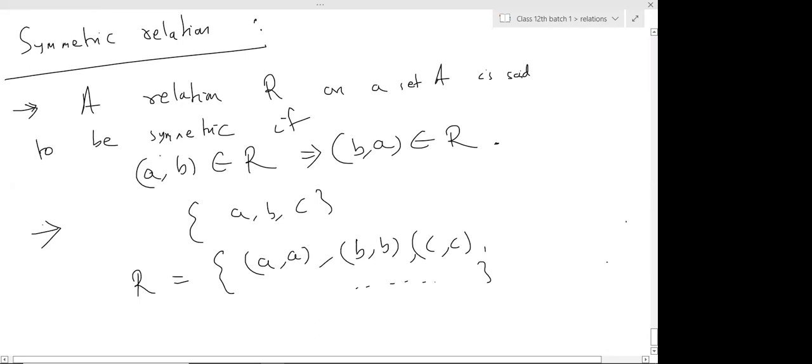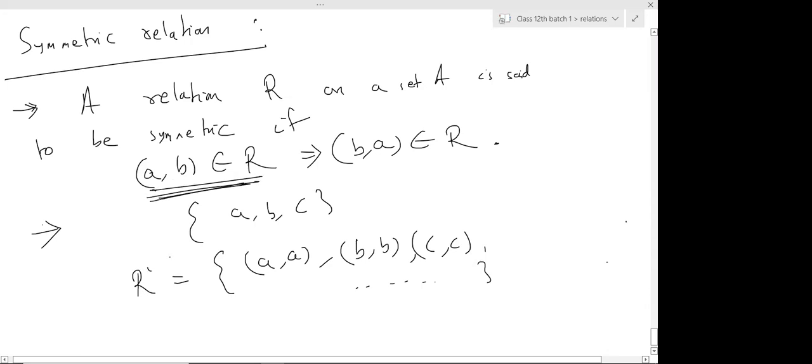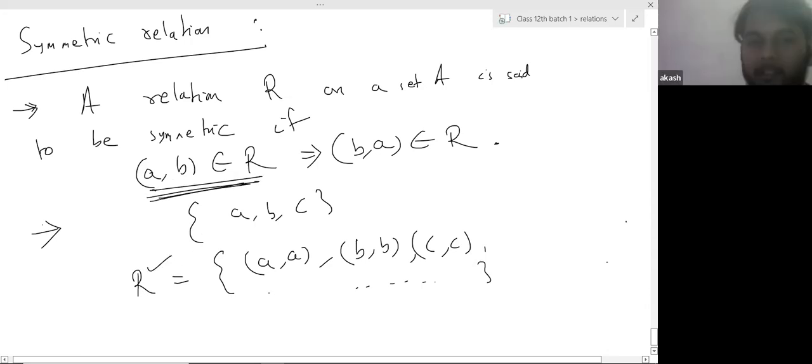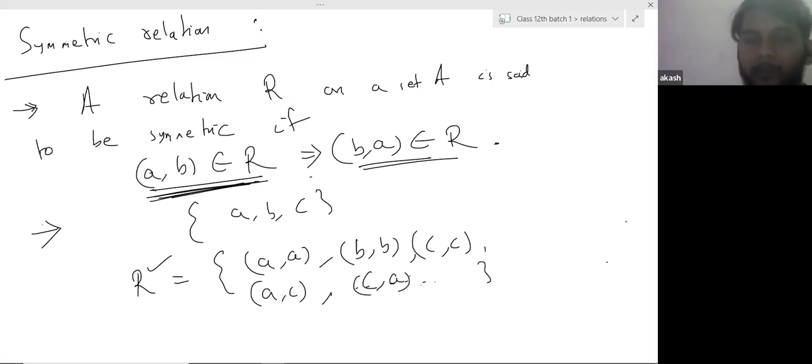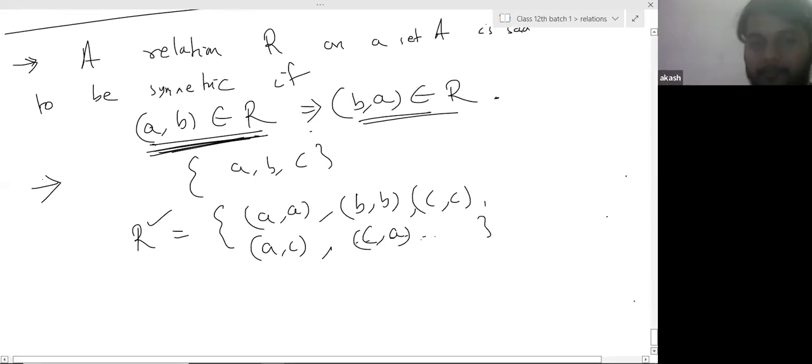What is symmetric saying? Symmetric is saying if you have a comma b in this relation, what this means is, if I write a comma c here, one element, if you have a comma b, then you should have b comma a as well. That means c comma a must be there also. Is this clear, everyone? Yes, sir. All right, listen to this again.